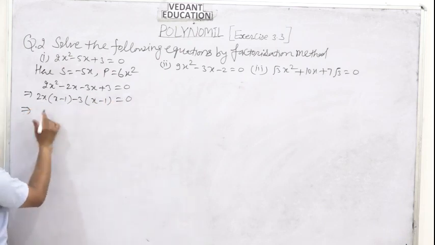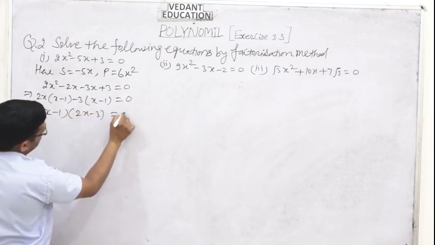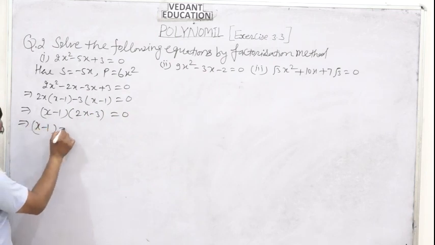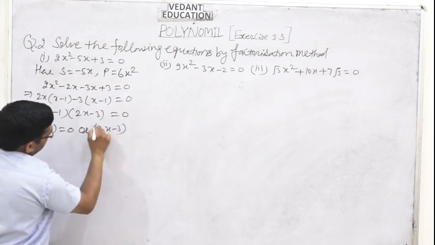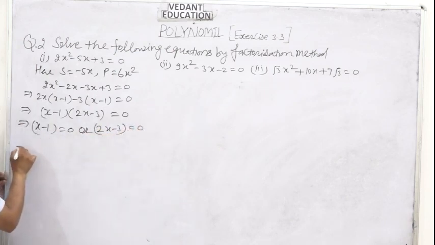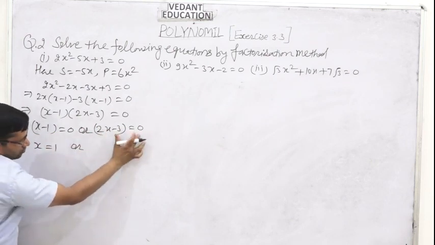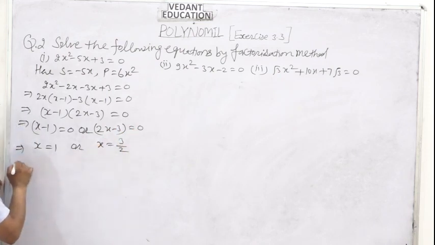That is, again x minus 1 is common, so x minus 1 multiplied by 2x minus 3 is equal to 0. That is, x minus 1 is equal to 0 or 2x minus 3 is equal to 0. Here we get x minus 1 is equal to 0, that is x is equal to 1. And here 2x is equal to 3, that is x is equal to 3 by 2.